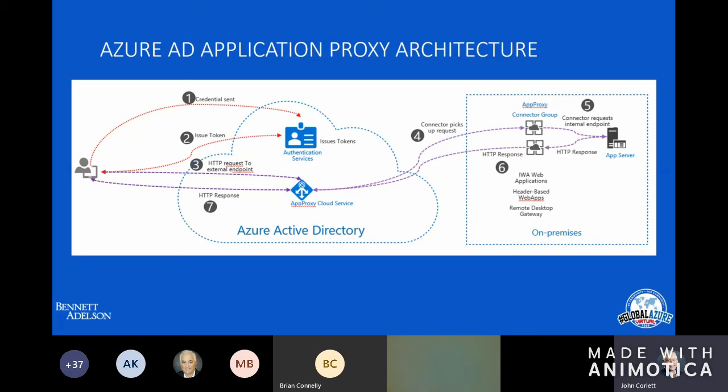So after a successful sign-in, Azure AD sends a token to the user's device. The client sends a token to the app proxy service, which retrieves a UPN and SPN from the token. Then the application proxy forwards that request, which is picked up by the proxy connectors.